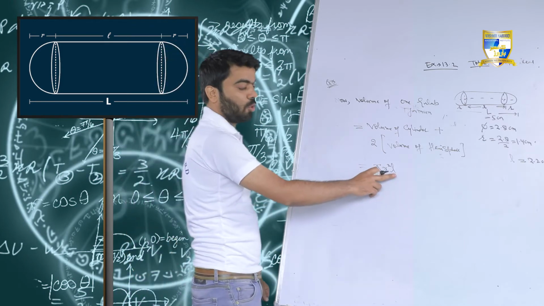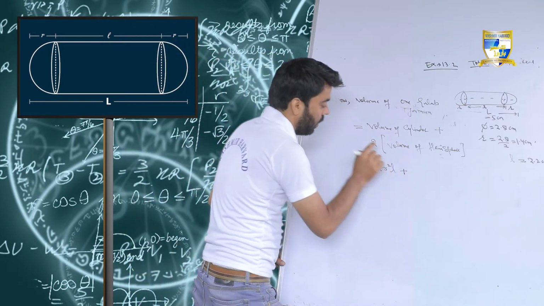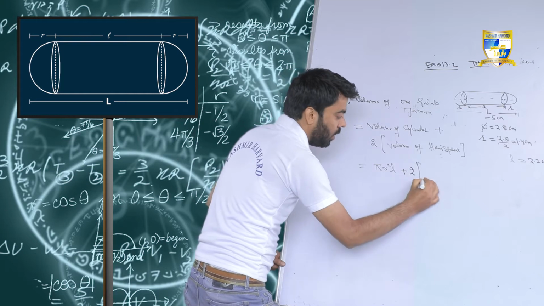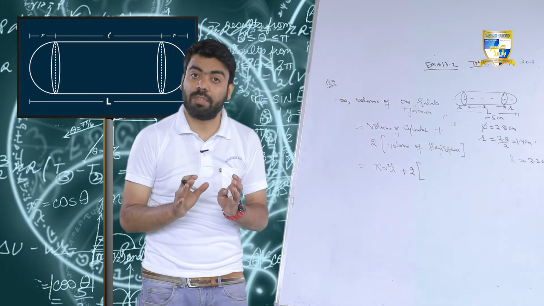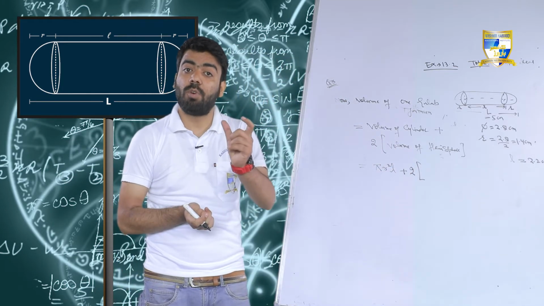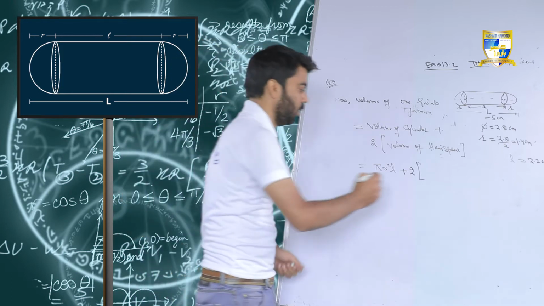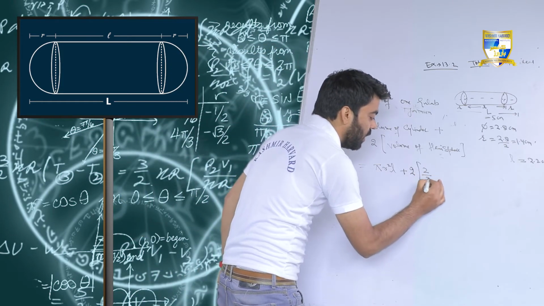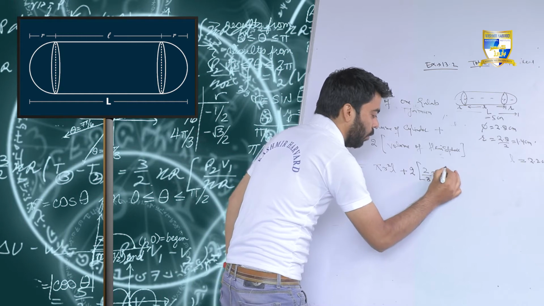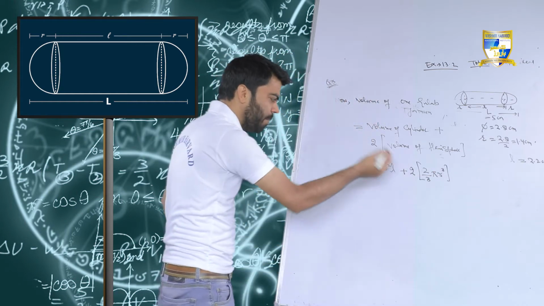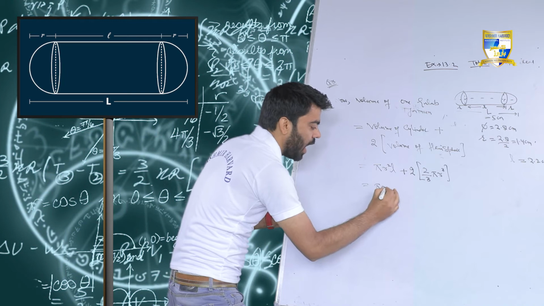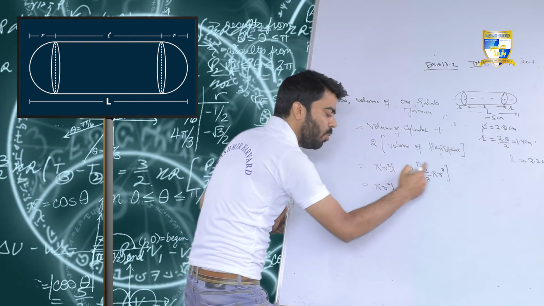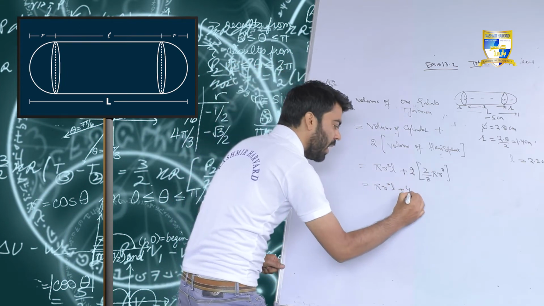So it's pi r square l plus 2 multiplied by 2 by 3, that's 4 by 3 pi r cube.